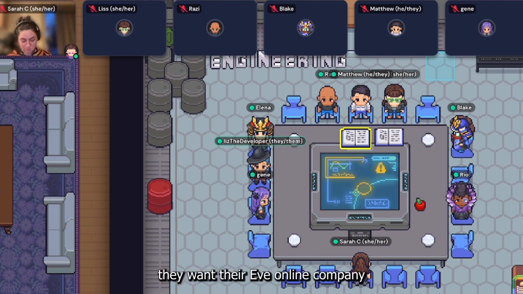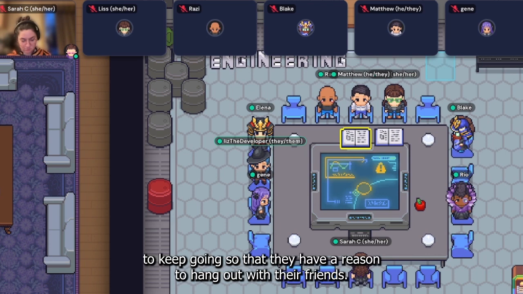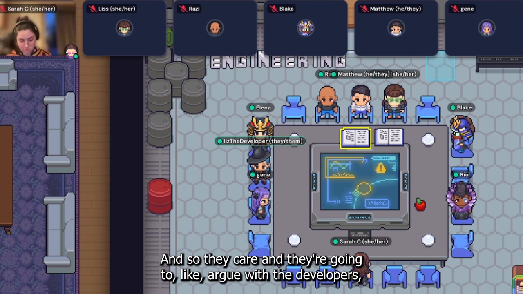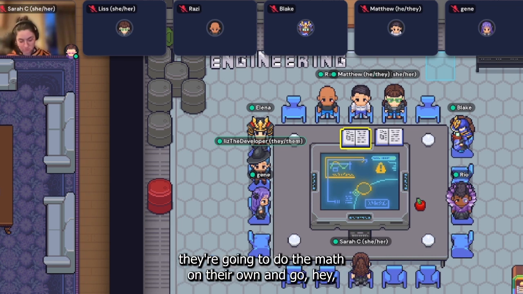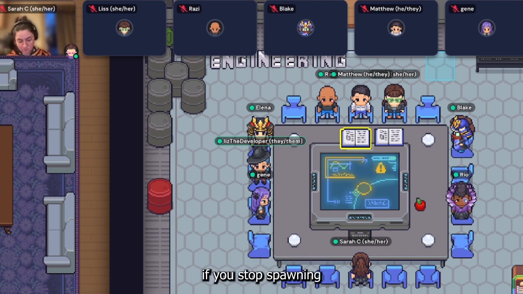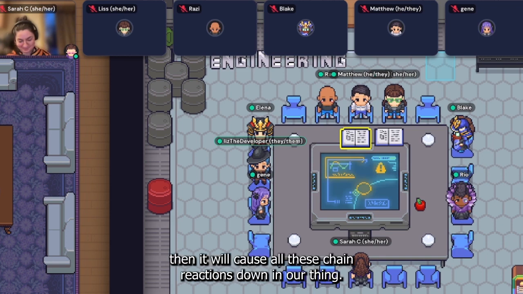They want their EVE Online company to keep going so that they have a reason to hang out with their friends. And so they care and they're going to argue with the developers. They're going to do the math on their own and go, hey, if you stop spawning iron ingots in this cluster, then it will cause all these chain reactions down in our thing.